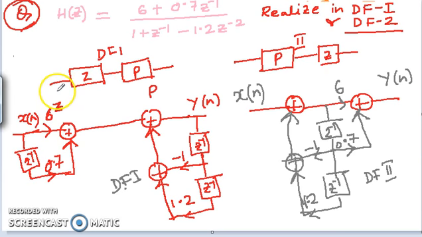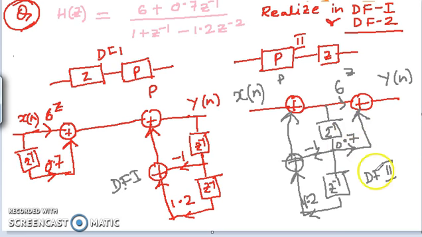In direct form 1, first we take zeros and then poles. For direct form 2, the approach is similar but reversed: first we take the poles and then the zeros. For poles, the sign of the coefficient given in the expression will change, but not for the coefficients of the zeros.